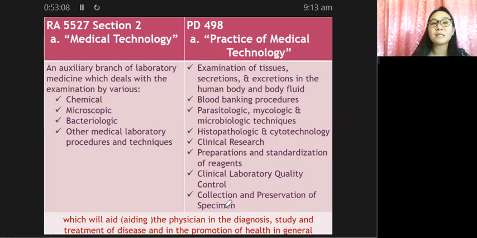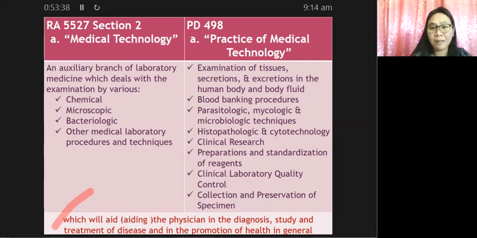Okay, so what was retained in the definition? The one that was retained is, of course, the one that I indicated here, which is "aid." That was the previously used phrase. In the new amendment, it says they're aiding the physician in the diagnosis, study, and treatment of disease, and in the promotion of health in general.